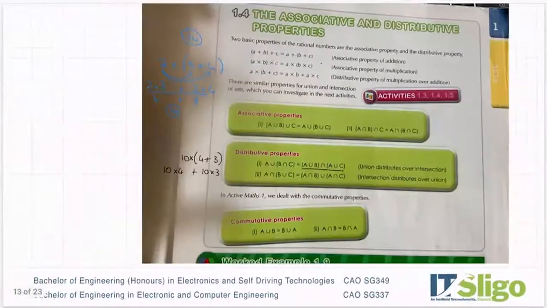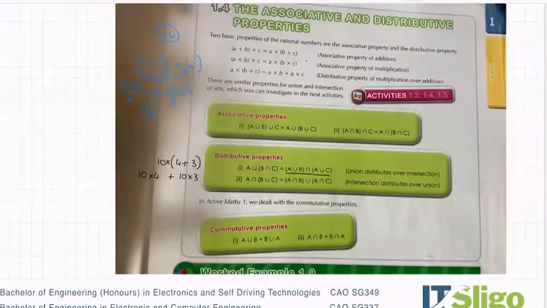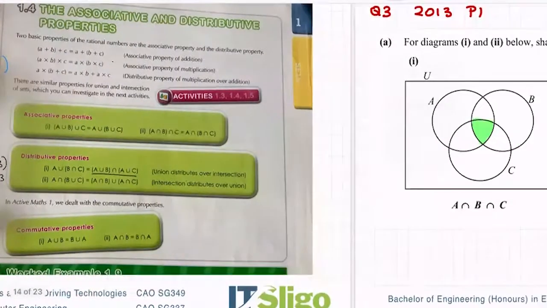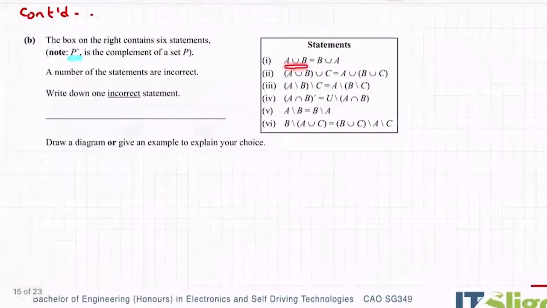So we were doing this in the 2015 question where we looked at the associative and distributive properties, and we concluded that it doesn't matter which way you do the unions. The associative property means that A union B is the same as B union A. Look back over that recording if that's not clear for you.